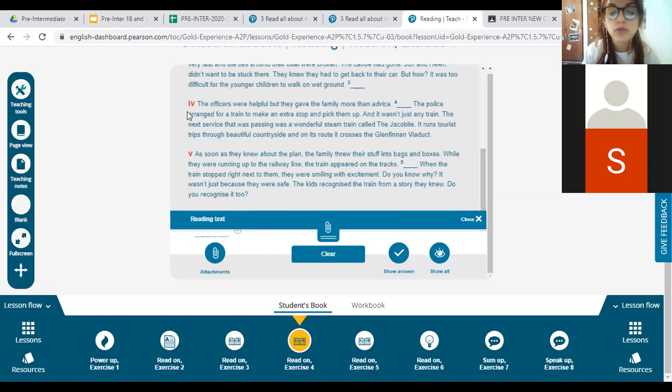Lara, can you read number 4? The officers were helpful, but they had advised the family. The police arranged a train to make an extra stop and pick them up. And it wasn't just any train.